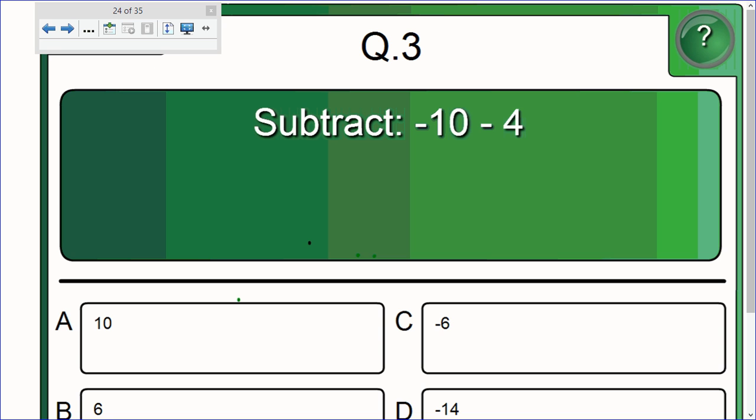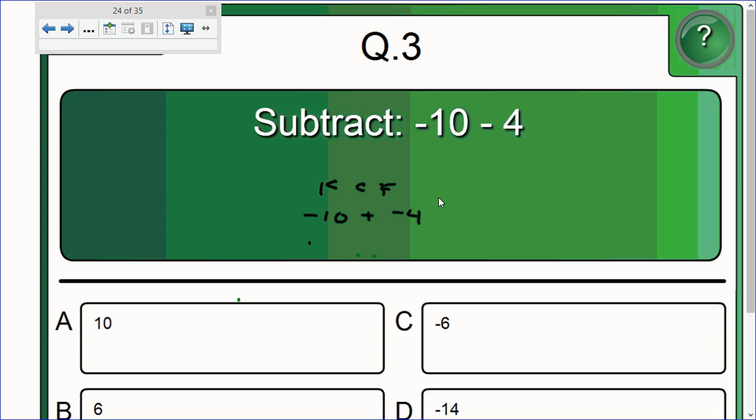So subtraction, 3 letters come to mind. K, C, F: keep, change, flip. So I'm going to keep negative 10, change the minus sign to addition, change the positive 4 to negative 4. Those are the rules for subtraction. You're adding the additive inverse, which means adding the opposite.